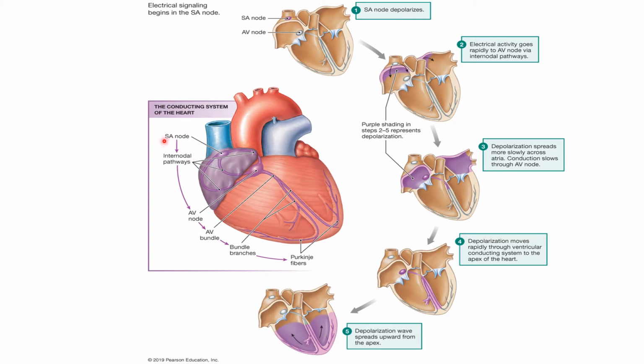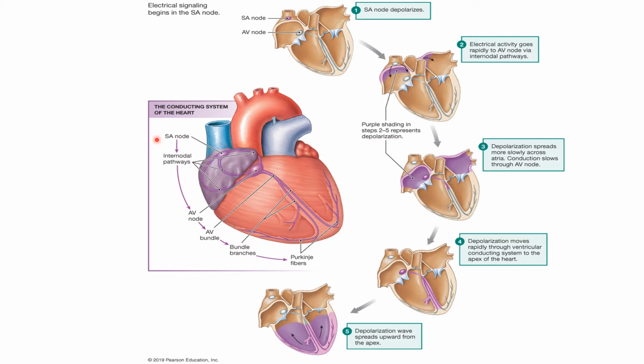Those autorhythmic cells are not going to contract. They are going to send electrical signals or action potentials that are going to spread throughout your heart. Our autorhythmic cells make up about 1% of your cardiac cells.